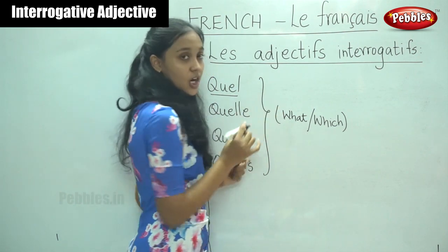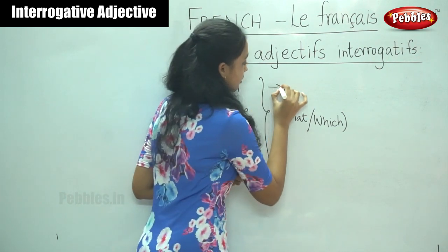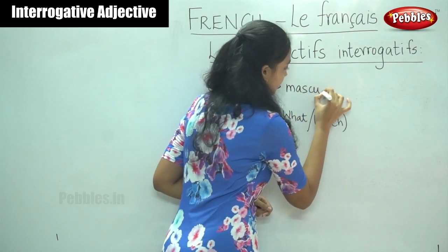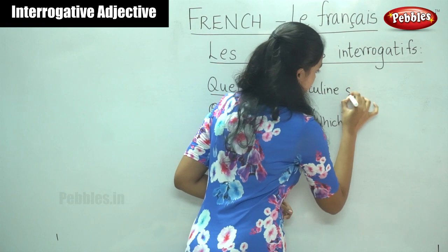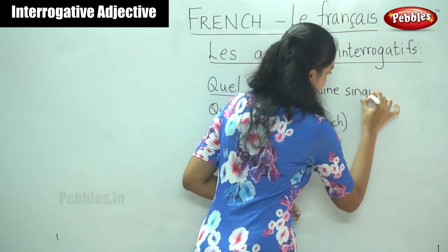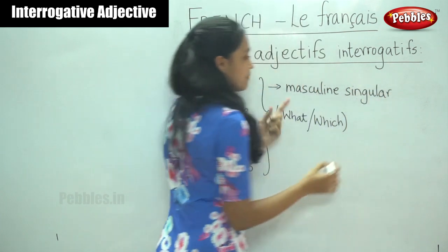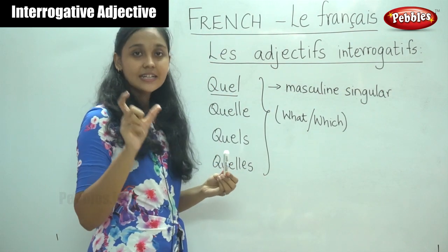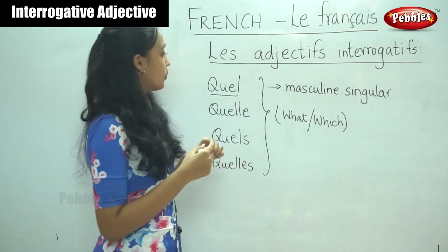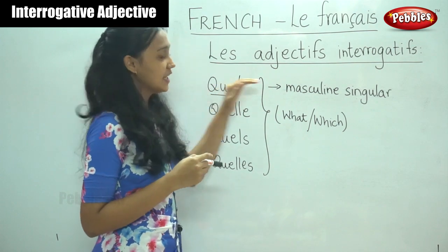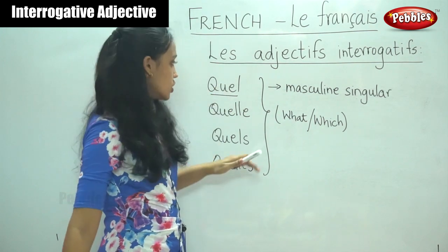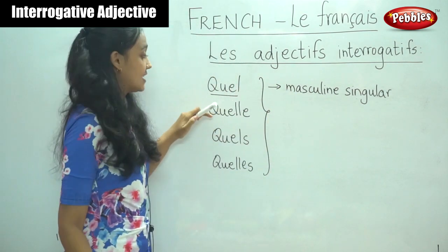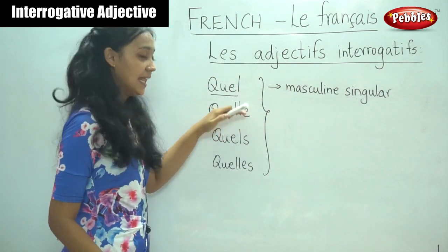We would use it when there is a masculine singular noun. So if there is a masculine singular noun, we would use quel as the interrogative adjective. So you must have guessed when would we use quelle.